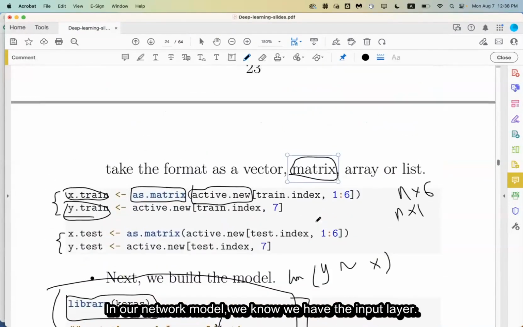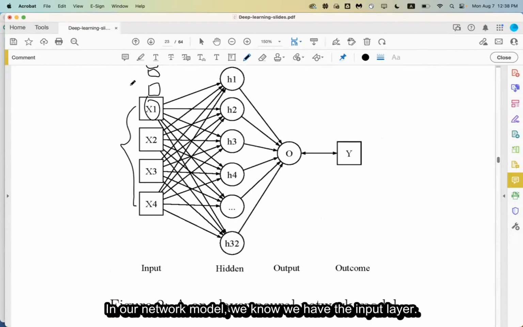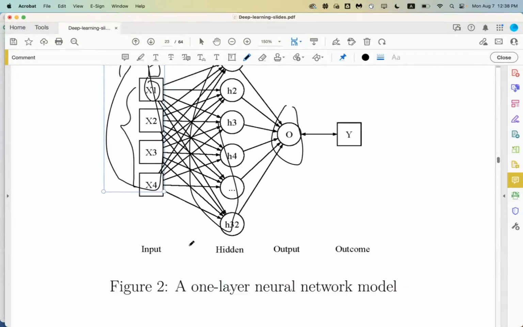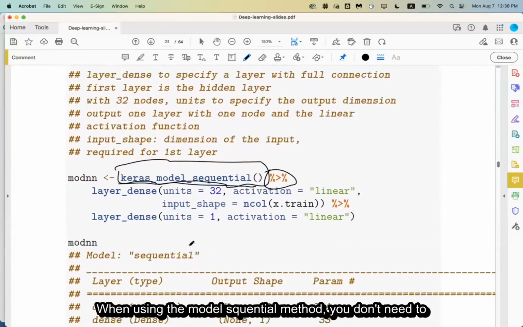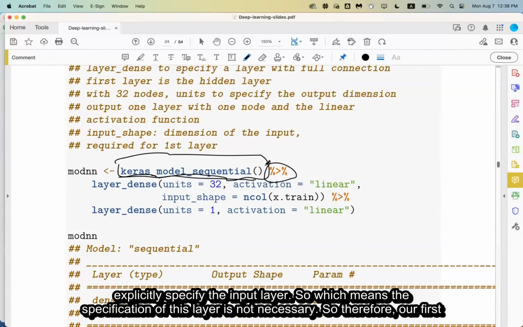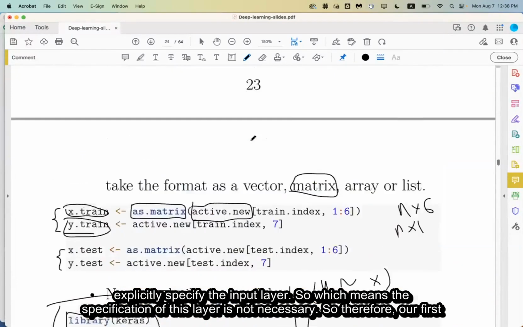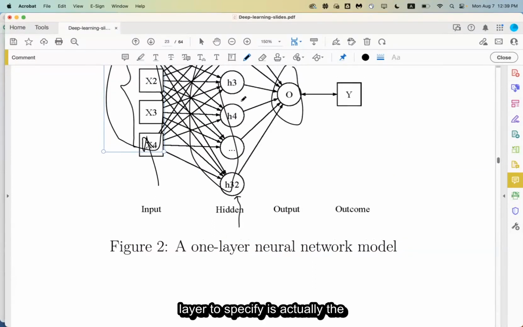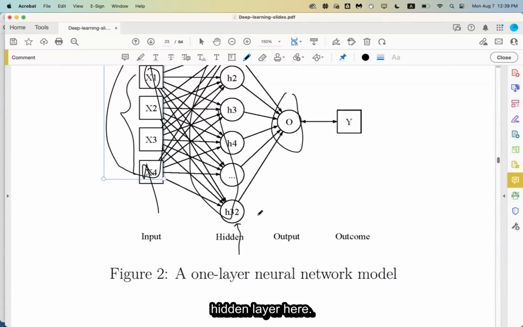In our neural network model, we know we have the input layer, and then we have the hidden layer, and then we have the output layer. Since we are building the model, we need to add those layers to the model. When you use the model sequential method, you don't need to explicitly specify the input layer. So our first layer to specify is actually the hidden layer here.